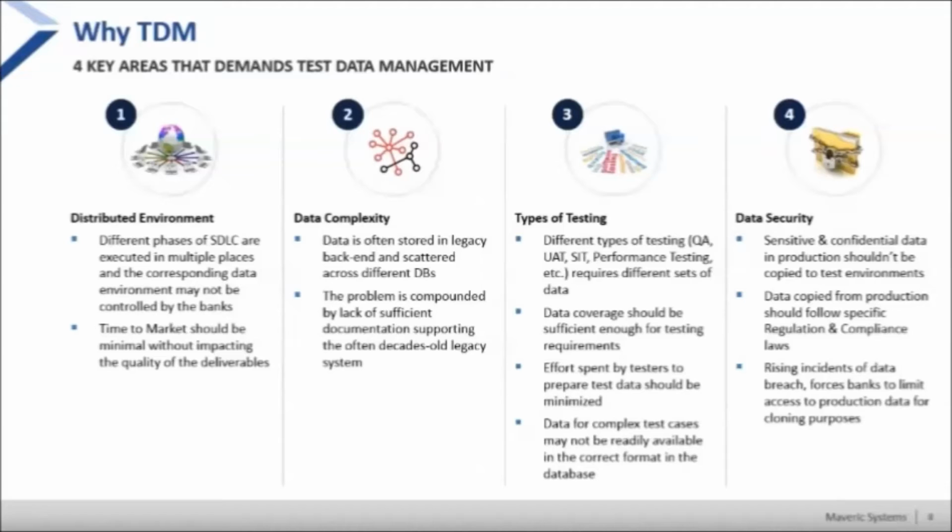But the problem is when they remove, they will lose the business logic, and the data available to the tester may not be meaningful. So it is very critical that we remove the sensitivity of the data without losing the business nature of the data. So these are all the four areas that demands TDM.